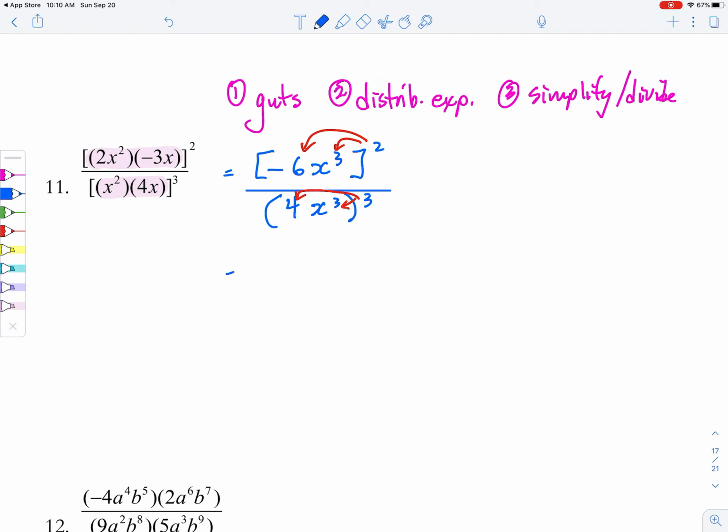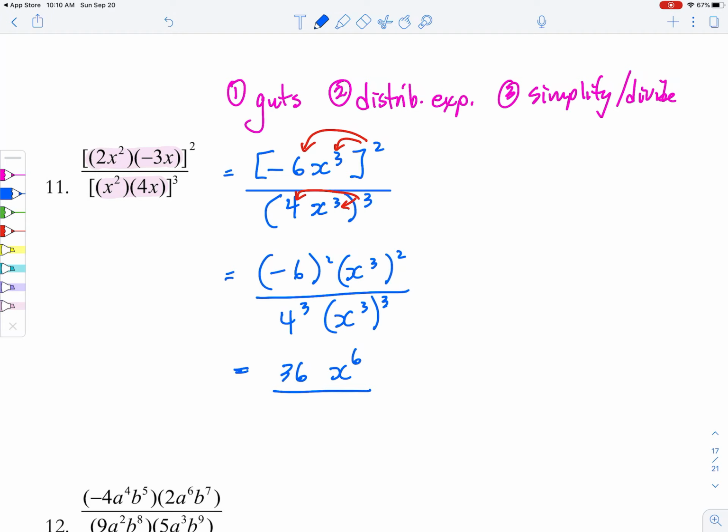So I'll write out again in lots of detail. Minus 6 squared x to the 3 squared divided by 4 to the 3 x to the 3 to the 3. That's going to give me 36 up top. x to the 3 times 2 is 6. Divided by 4 to the 3 is 64. Divided by power of powers, 3 times 3, x to the 9.